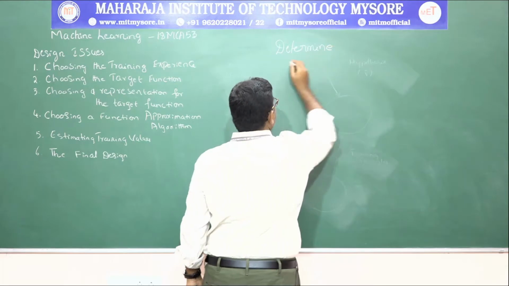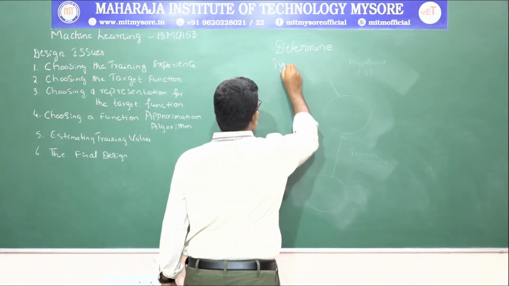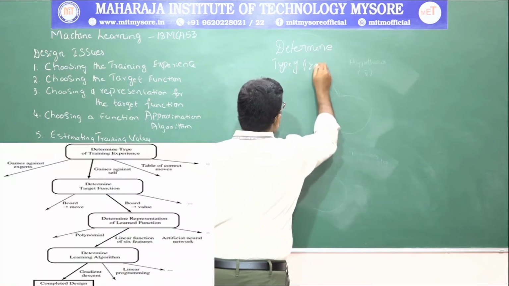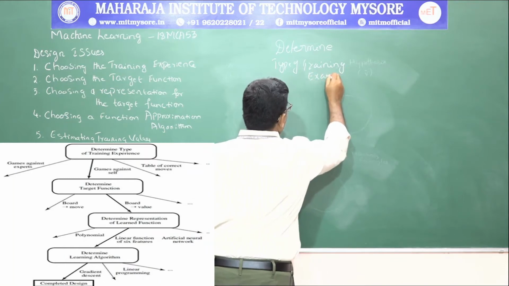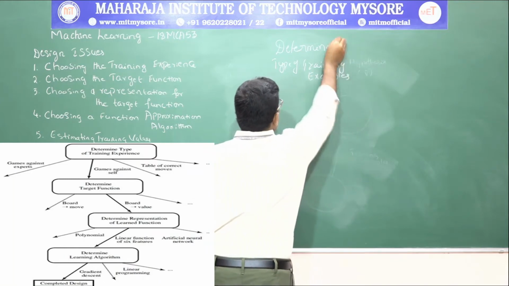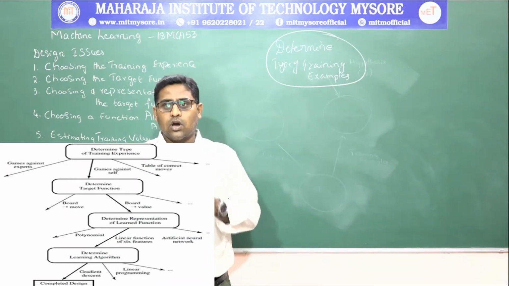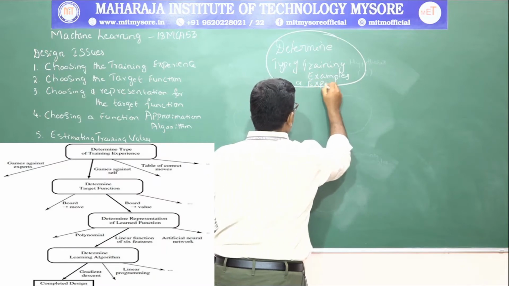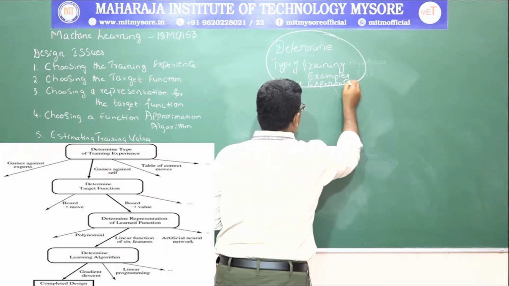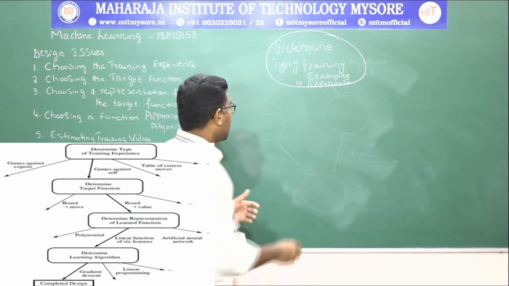What we are supposed to do is determine the type of the training examples, or you call it experience. And next you need to determine the target function.